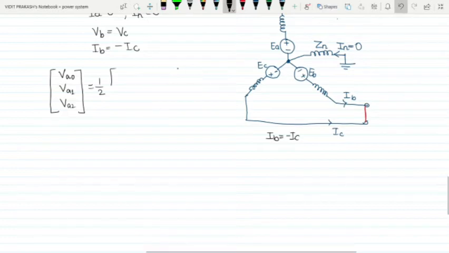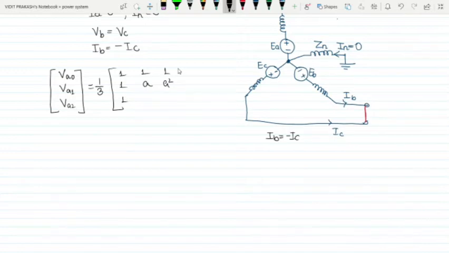Sorry, this will be 1 by 3 into the matrix 1 1 1, 1 A A square, 1 A square A, and this will be the phase voltages VA, VB, VC.